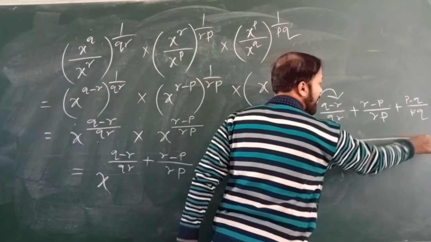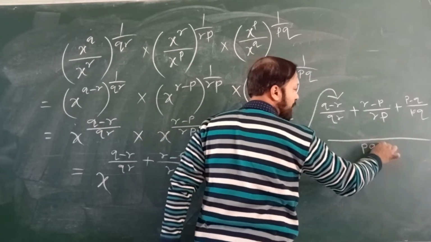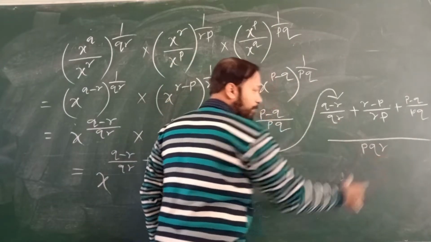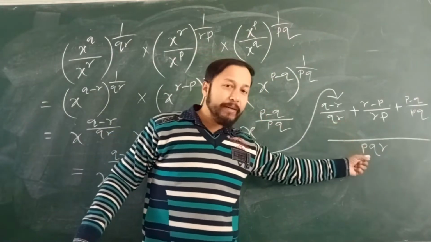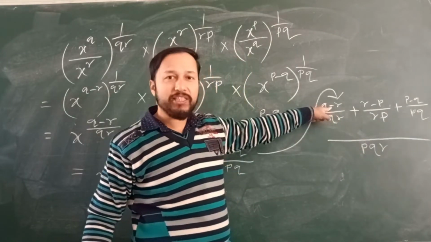Now, what is the LCM here? The LCM of this is PQR. Now, divide PQR by QR. What is left? P. So you have to multiply this by P.